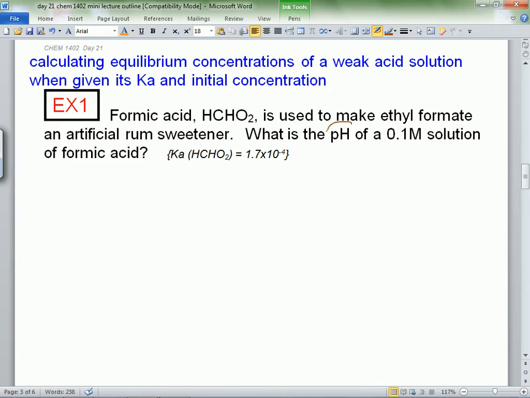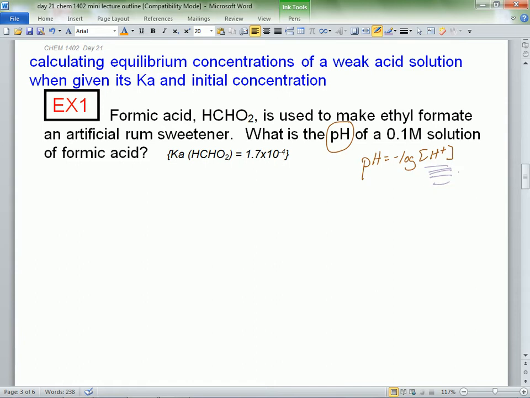How would you get your answer? Solve for the H plus, because what's the equation for pH? We need to know the concentration of H plus, right? Then we'll take the negative log of it, and we'll have our answer.